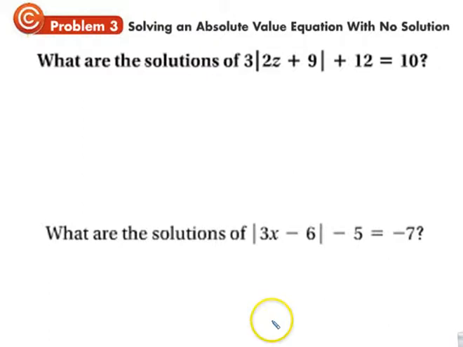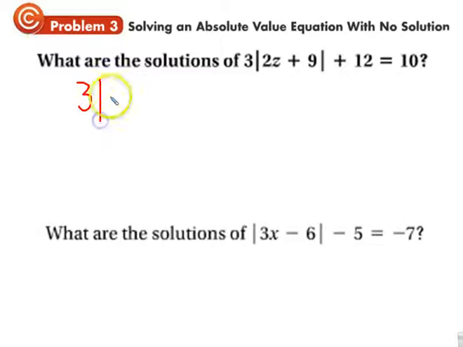Okay, now, notice the title of this: Solving an Absolute Value Equation with No Solution. Okay, what are the solutions of all of this? Watch what happens. I'm going to get the absolute value by itself.